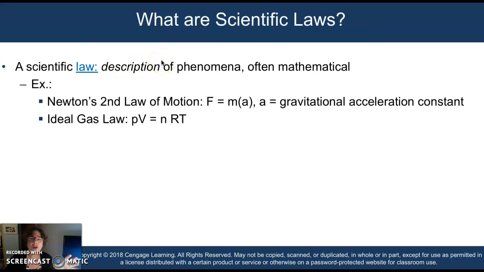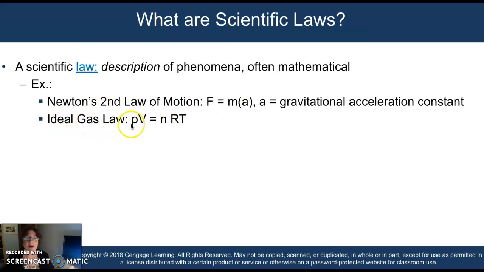A scientific law is generally describing the phenomena using equations and math, right? Two really great examples. Newton's second law of motion, force equals mass times acceleration. A mathematical description of the apple falling down from the tree.